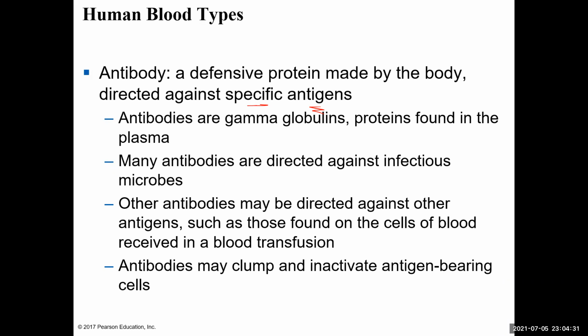And so antibodies are those gamma globulins that we talked about earlier. So those proteins found in the plasma. And like I mentioned, those antibodies can help with infectious microbes. However, antibodies can also be directed against antigens like those that are on blood cells that come from a donor to a recipient during blood transfusions.